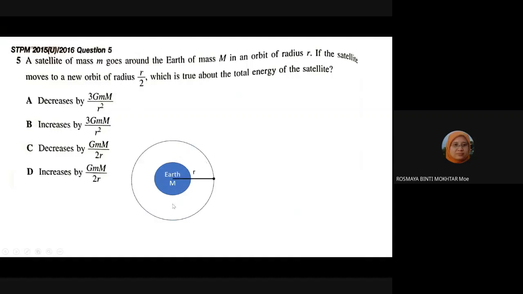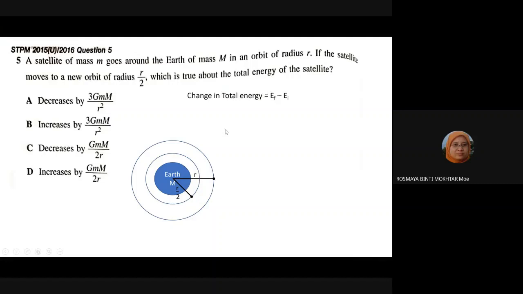This is the satellite moving in the orbit with radius r. Now the satellite is moved to the second orbit at radius r per 2. Radius means measured from the center of the Earth. In this case, the planet is the Earth.